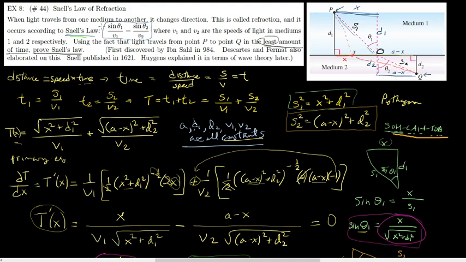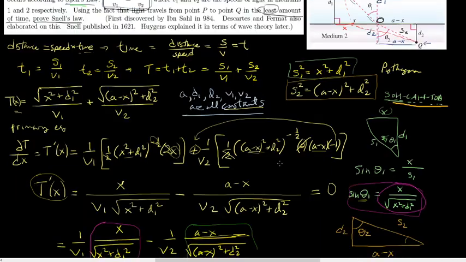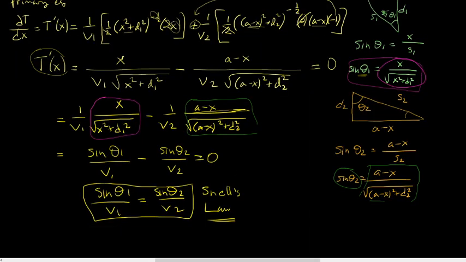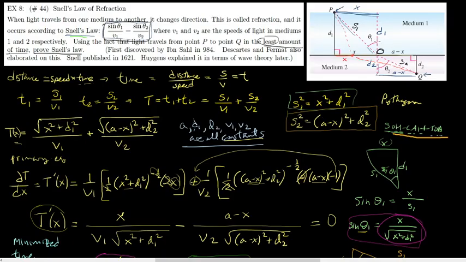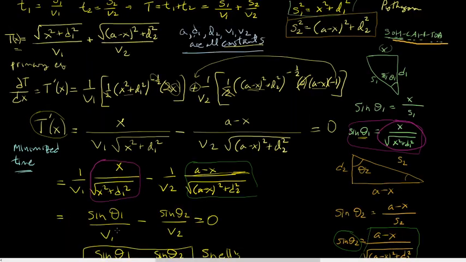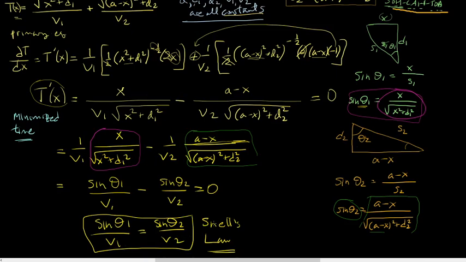So we actually did prove this equation, just using the fact that light travels from one point to another in the least amount of time, where we minimized the time. By setting this equal to 0, we minimized the time that light travels. And as a result, we get this equation relating the thetas and the v's, the speed of light traveling through different media.